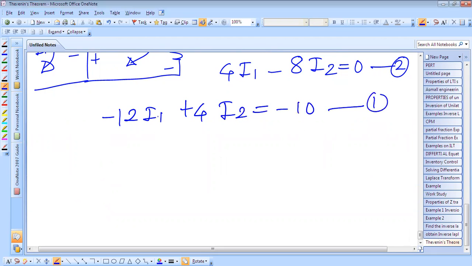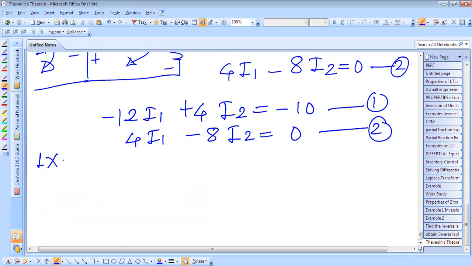This is equation number 1, and this is 4I1 minus 8I2 is equal to 0. So we have to make this 8 so that it will get cancelled. So multiply equation 1 by 2.